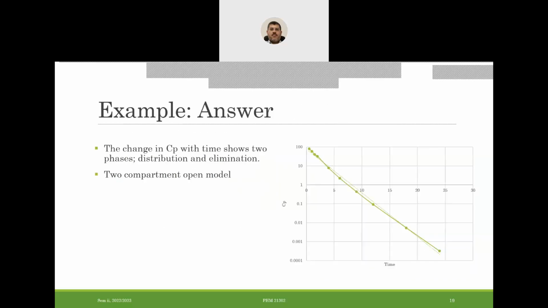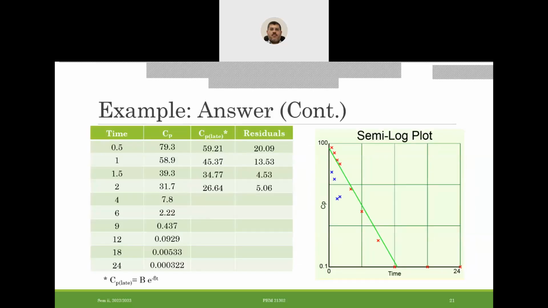Like this, another set of data. We'll have the plot of time versus concentration. So you look at the first phase where the slope will change.